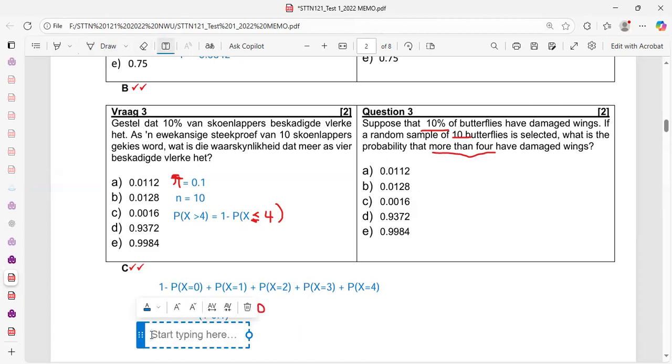If you don't know how to enter the combination part on the calculator, go and check part 1 or part 2, where I have explained it. 10 combination 0 multiplied by 0.1 to the power 0 into 1 minus 0.1 to the power 10 minus 0. I got 0.3486, which is 4 decimals.